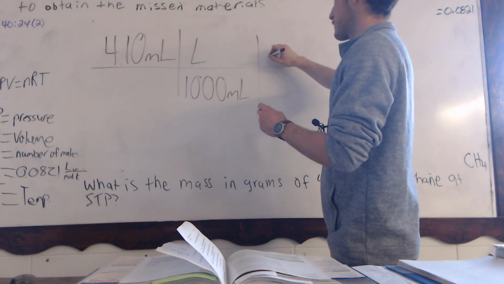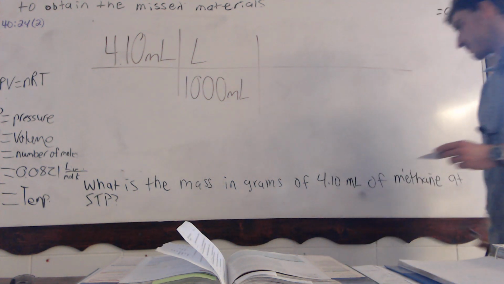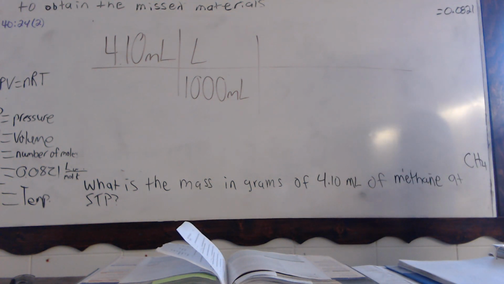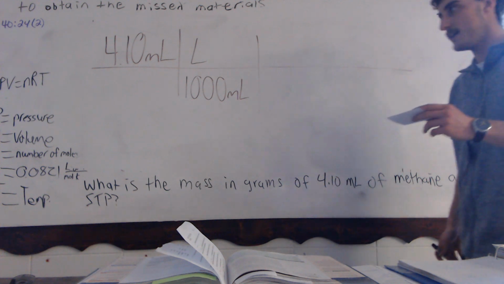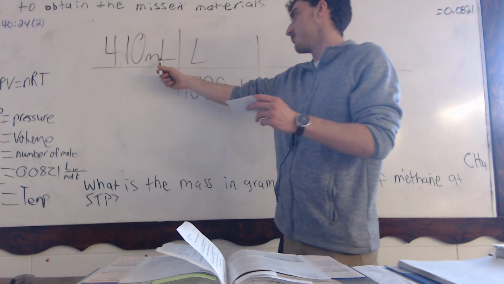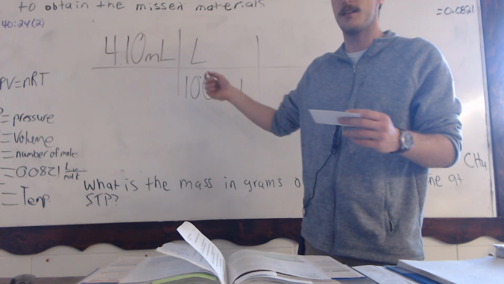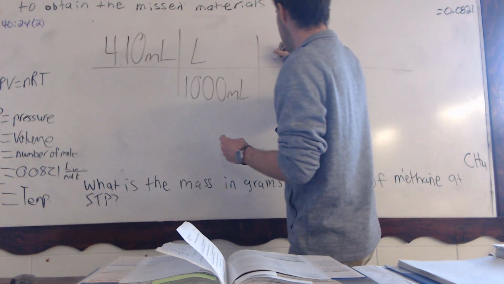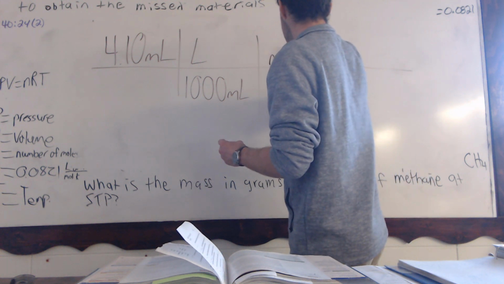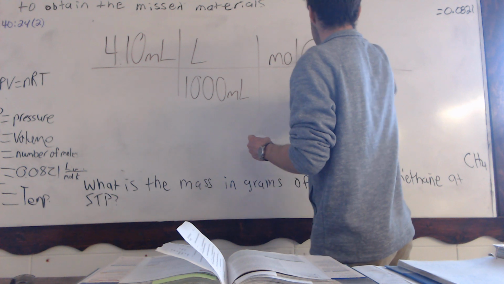And then what's our end goal? Grams of methane, right? So we start off with our volume, convert it into liters, and then we go to moles, and then to what our target is.